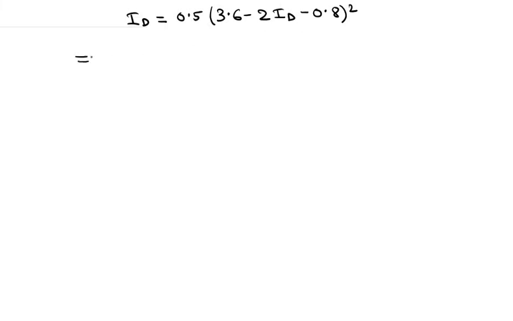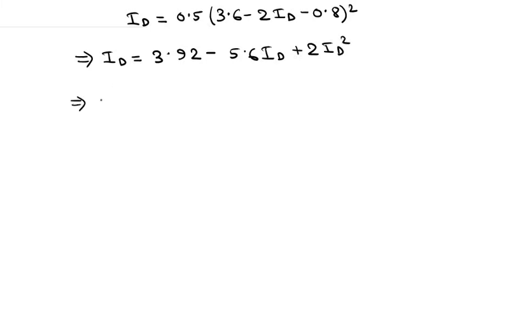We simplify this part, and we get ID equals 3.92 minus 5.6 ID plus 2 ID square.